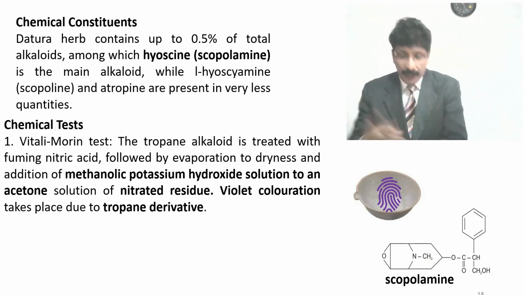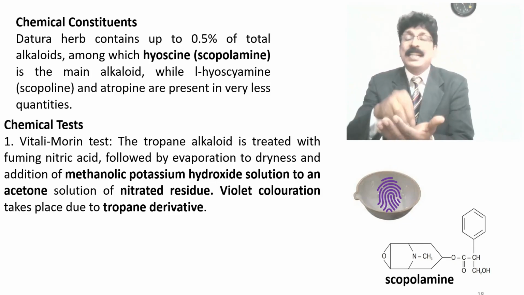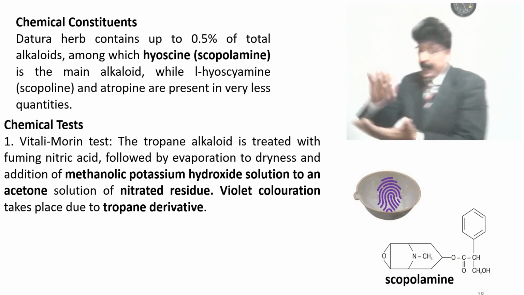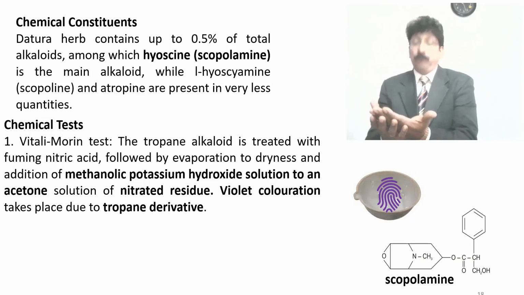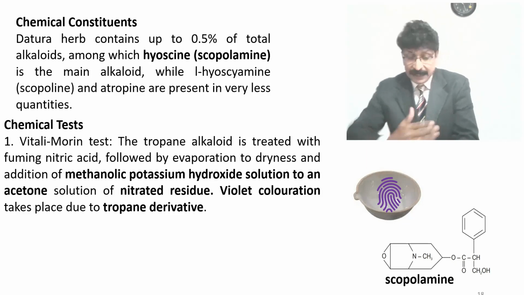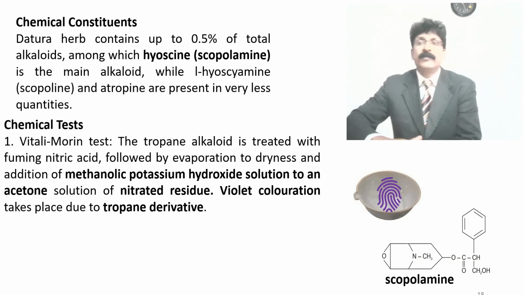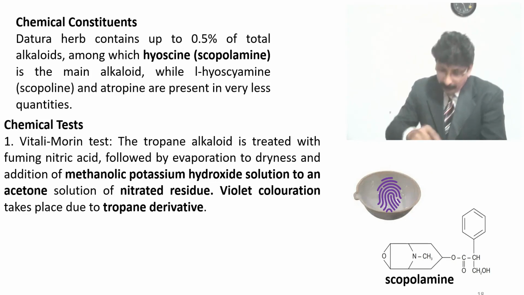Let's take a china dish. Keep the drug which you are interested to check for tropane alkaloids, add concentrated nitric acid and evaporate to dryness in the china dish. Once it is dried, the residue, which is called the nitrate residue, you add a little acetone and make it into an acetone solution.